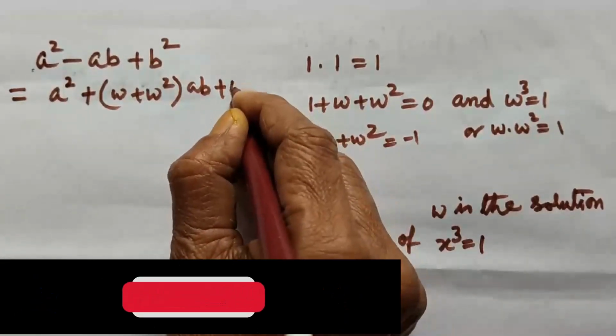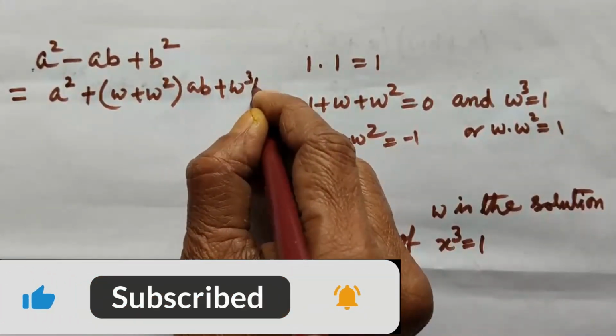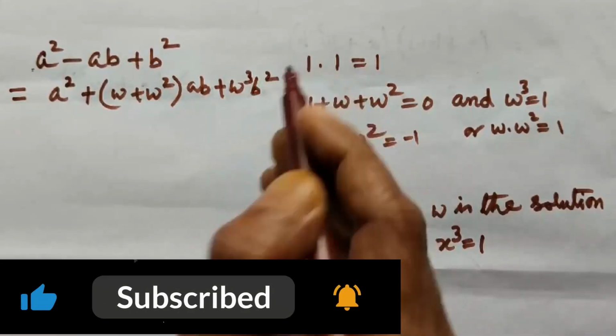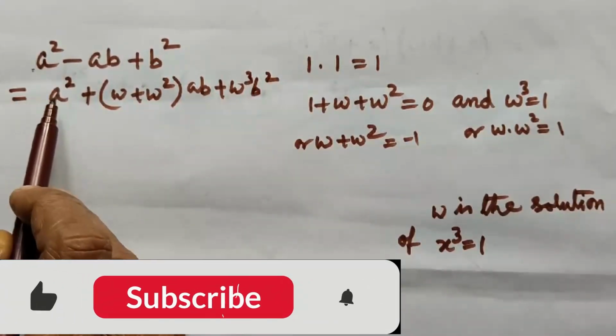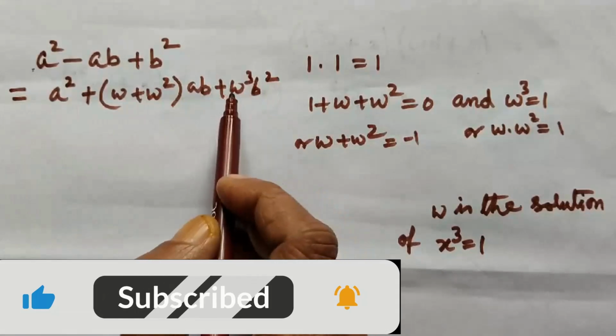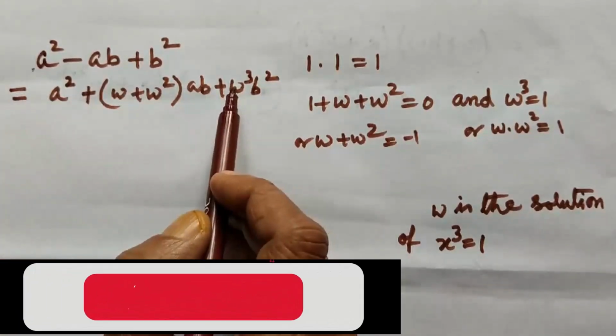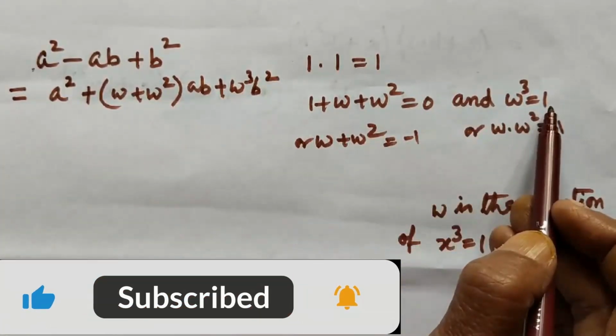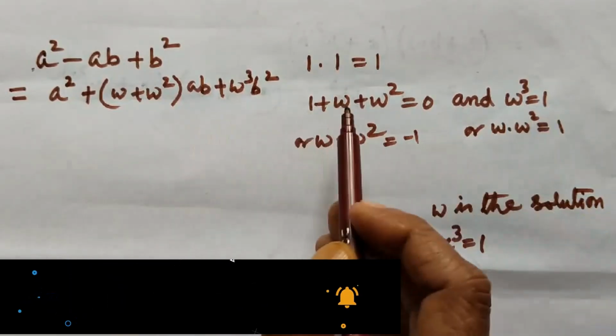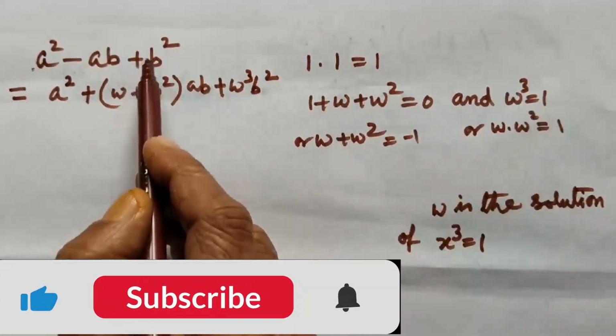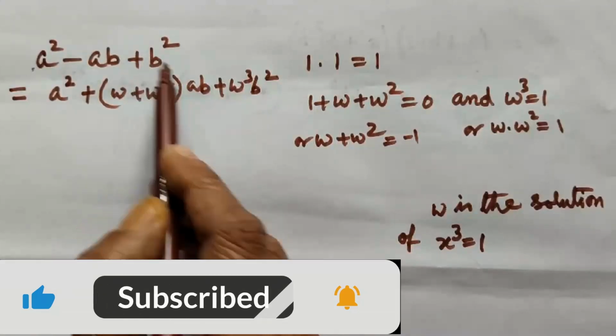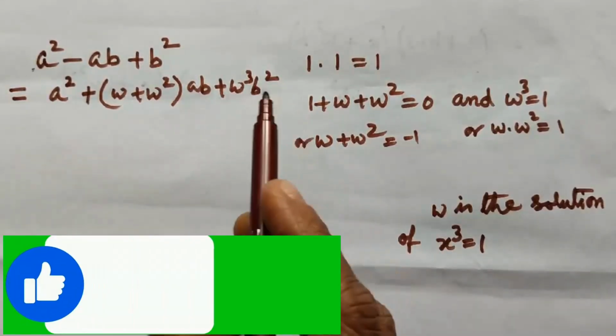But if we write omega cube b square, the product of the coefficients, a square is 1 and b square is omega cube, 1 into omega cube is equal to omega cube, which is equal to 1, and nothing extra is written. In place of 1, as the coefficient of b square, we may write omega cube.